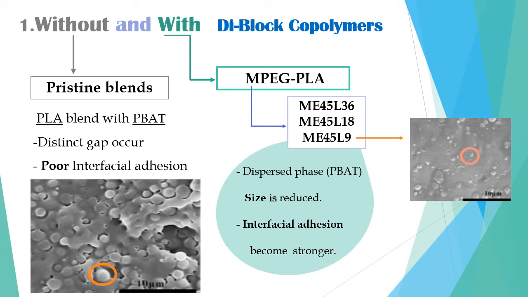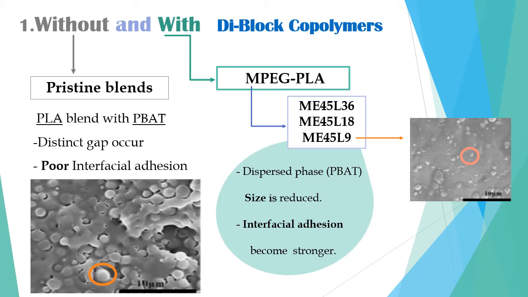From the pictures, the round particles of the PBAT phase are distributed in the PLA matrix. There are two interfacial layers, which means PLA and PBAT immiscibility leads to poor interfacial adhesion and strong interfacial tension.